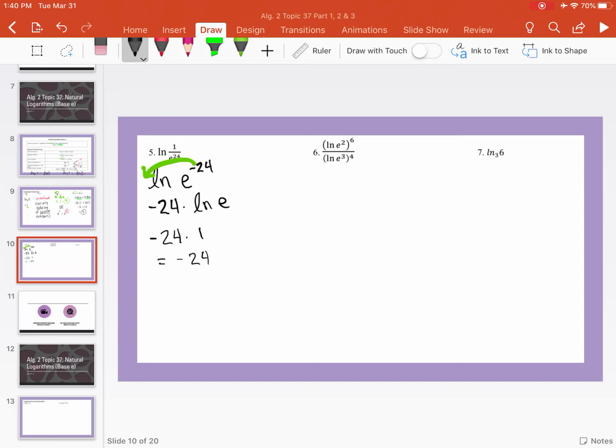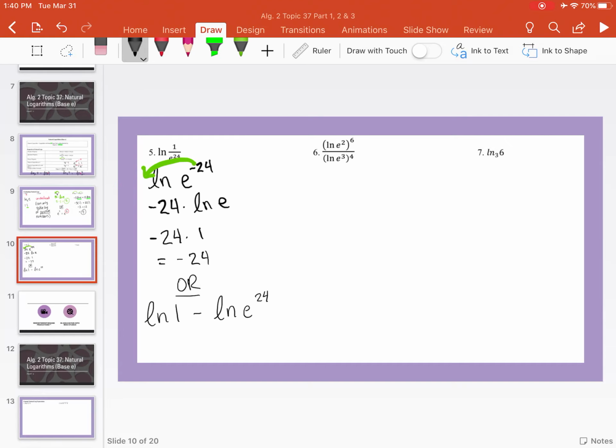Another way that we could write this is if we wanted to use the quotient rule. So if we have ln of 1 divided by e to the 24th, that's the same thing as ln of 1 minus ln of e to the 24th.